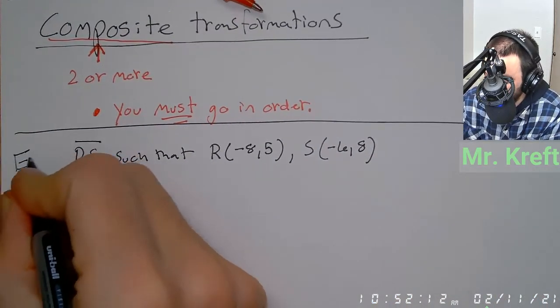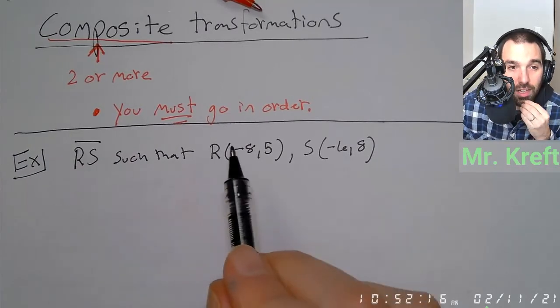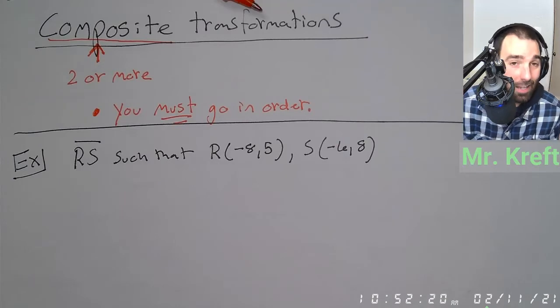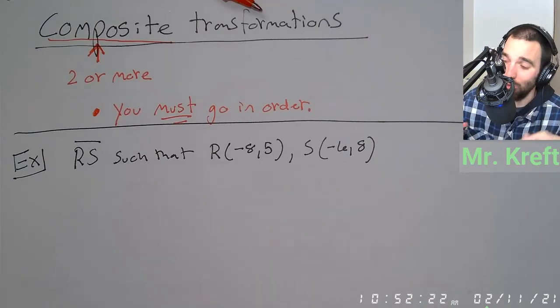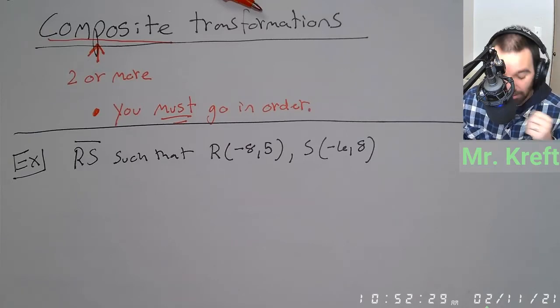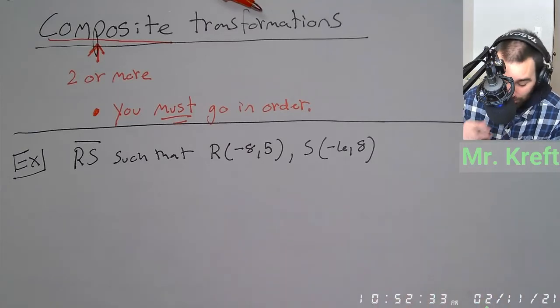Okay, so here's our example. And again, we don't have graph paper, right? So no graph paper. We have to do this purely with just math, not our eyes and our fingers. Now you could sketch this really quickly, but you don't need to.